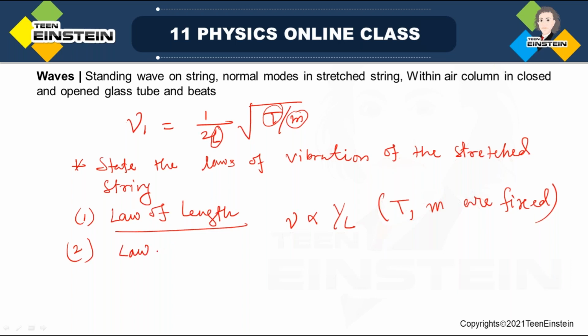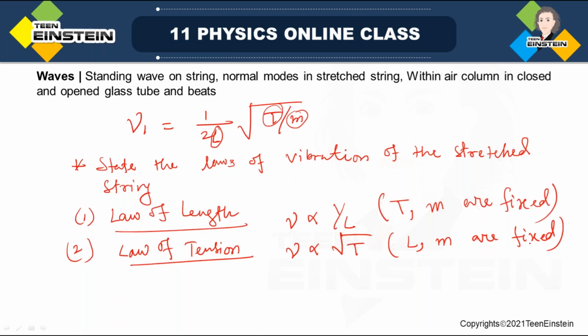Now there is the law of tension. In this case nu is directly proportional to the square root of the tension when the length of the string and the mass per unit length are fixed.